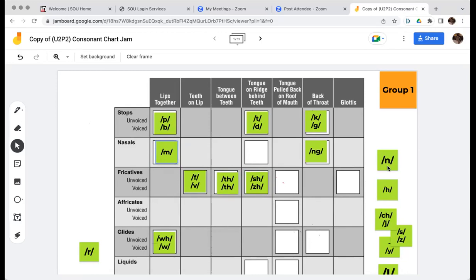Okay. Voiced or unvoiced? It's voiced. Okay. So we're going to put it under nasals, aren't we? Yes. And where can I find the N? There it is. And it's the tongue on the ridge behind the teeth. Would you agree with that? Yes. Cool.